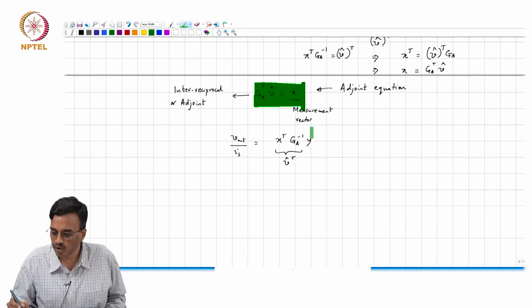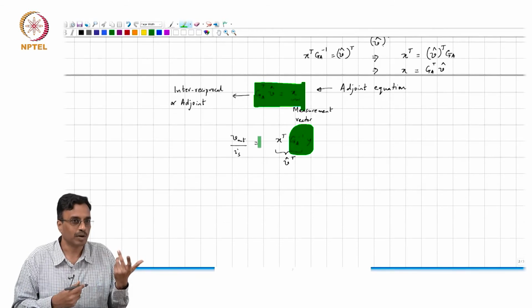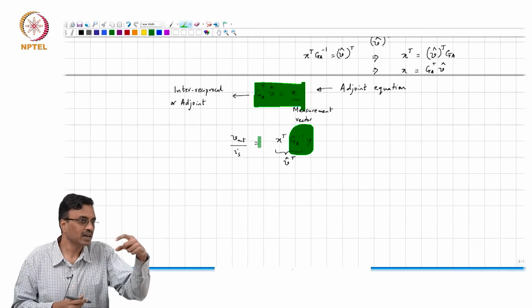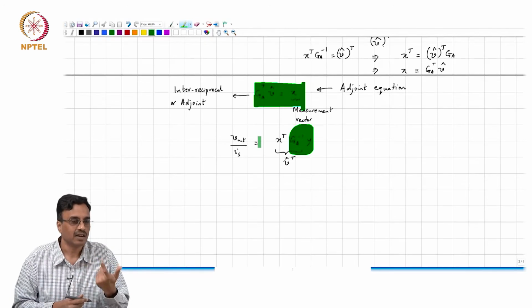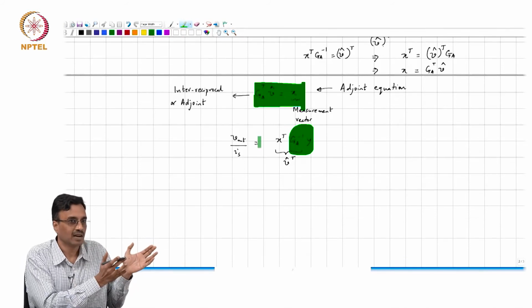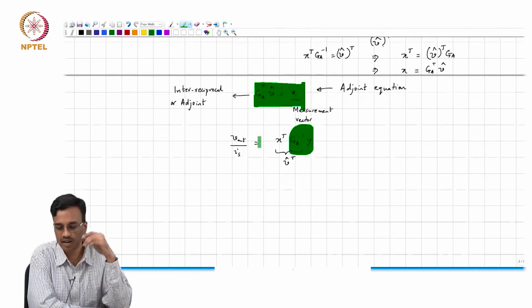If we did superposition, we would be evaluating that product first and then dotting it with X transpose. It does not make sense because that output vector is not changing, it is only the input vector that is changing. So it makes sense to compute the stuff that is not changing, because that G inverse is difficult.